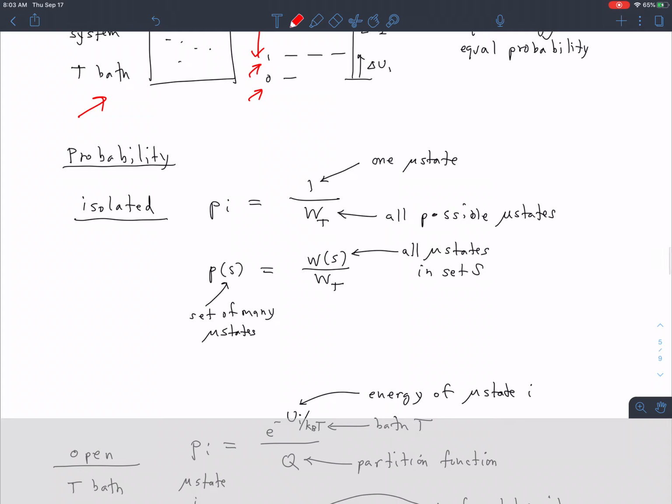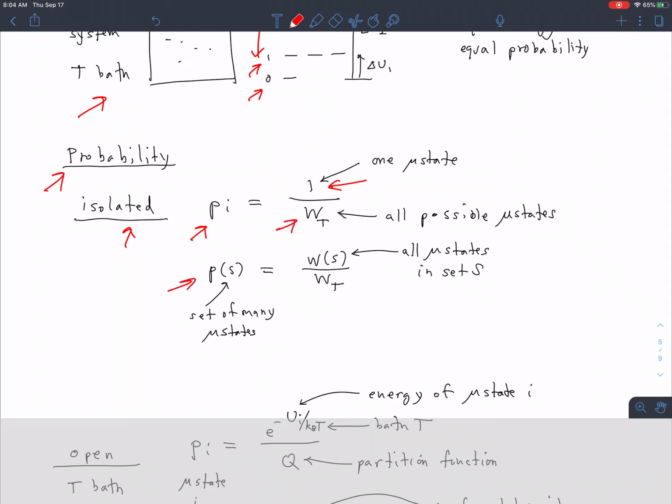Then, for actually calculating probabilities, for an isolated system, we saw that the probability of one microstate is the number of microstates in that set, and since our set just has one microstate now, that's a 1, divided by the total number of microstates possible.